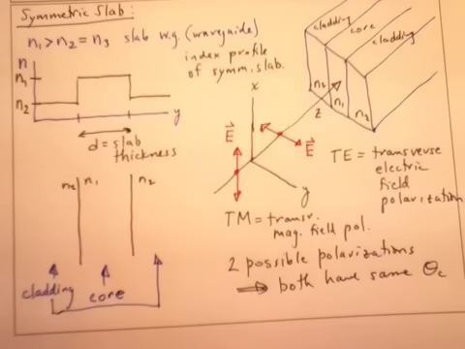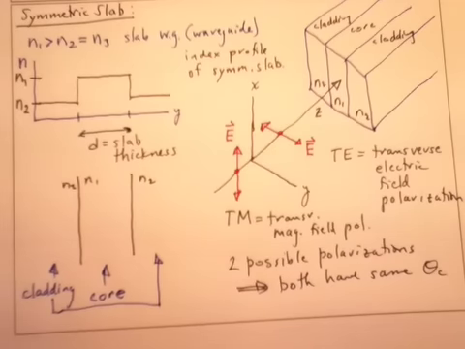Perhaps I'll pull up a picture from the book that shows that the critical angle is independent of polarization. I guess it's at the very end of chapter 3 that the critical angle for both TE and TM is the same.